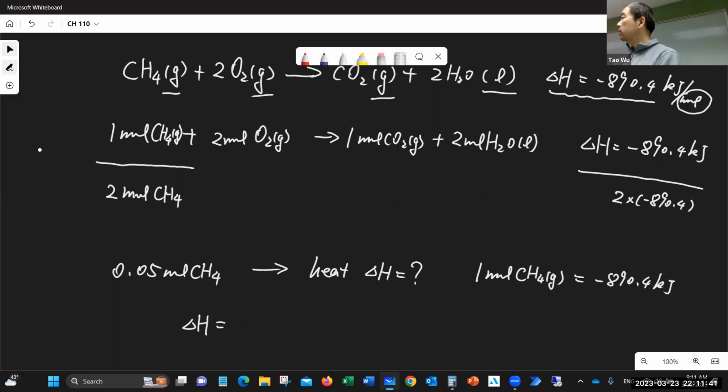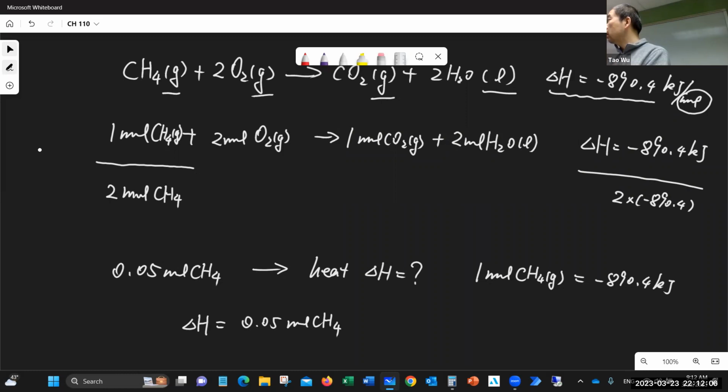This is the conversion factor you're going to have. What we have is 0.05 mole of methane, and you just need to convert moles of methane to heat, since you know 1 mole of methane equals that much heat.